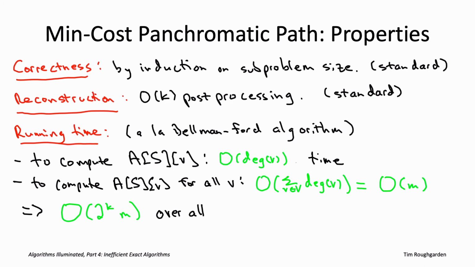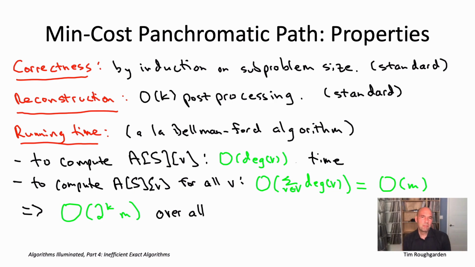Remember, for these k-path problems, you have to enumerate all ordered k-tuples of vertices, of which there's roughly n to the k. So instead of a running time scaling as n to the k, we're getting a running time scaling more like 2 to the k. And for the kinds of parameter choices that we're interested in, where k might be 10 or 20, and n might be in the hundreds or thousands, this is a massive difference. Huge savings over exhaustive search.